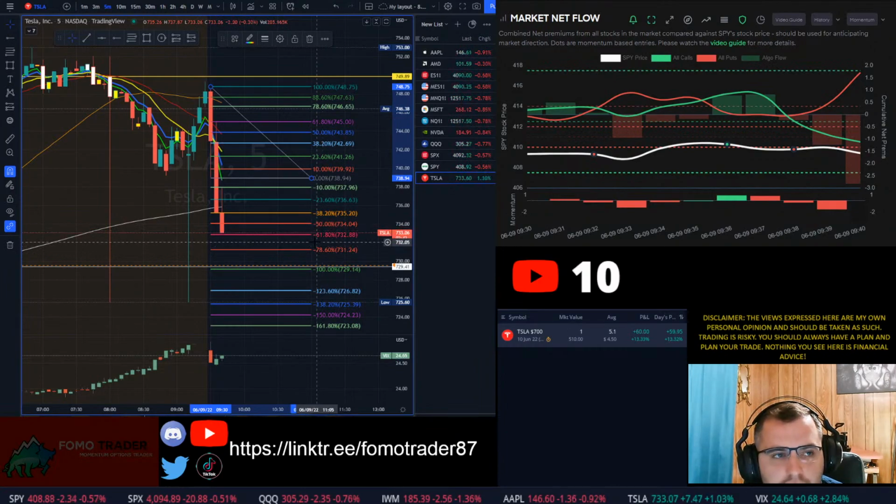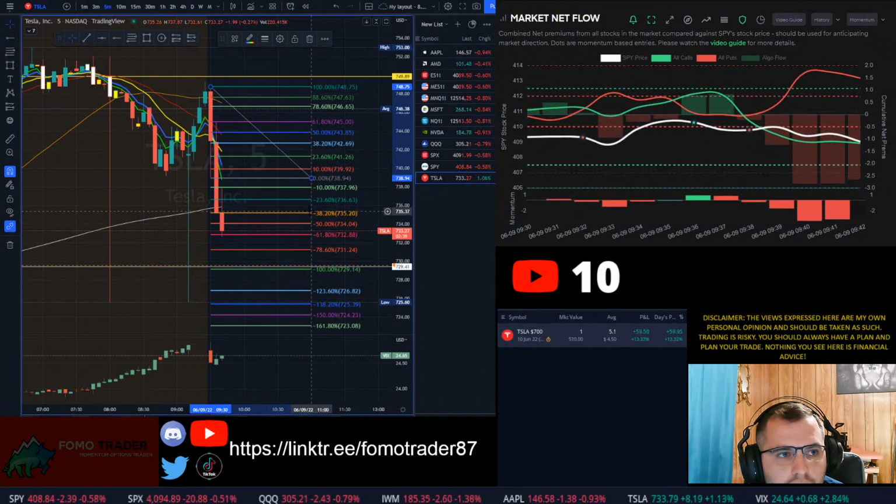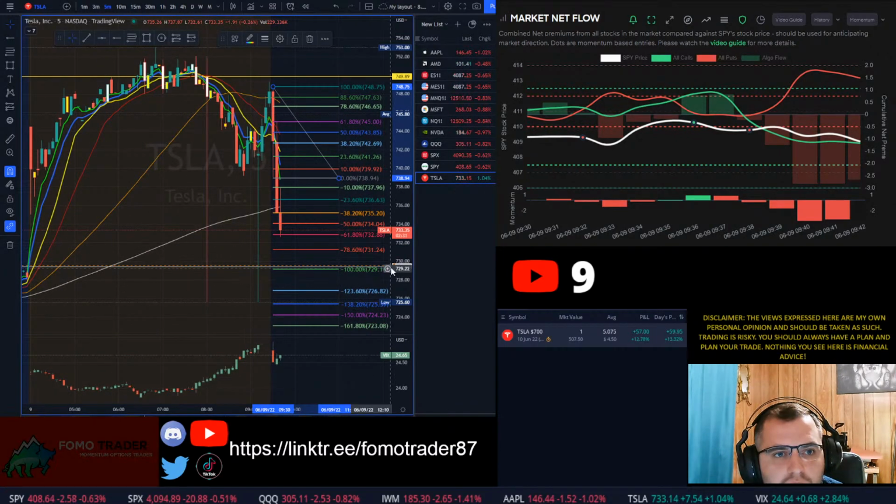We're pushing lower, pushing lower. Looking for a full gap closure down here to about the 729.